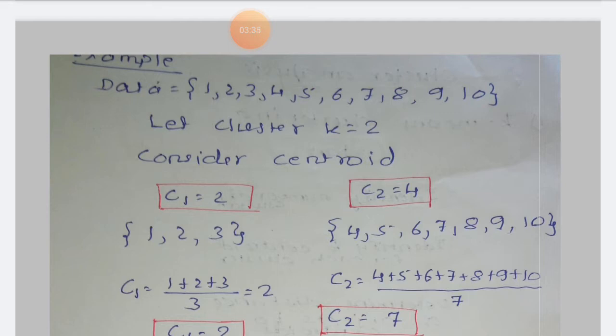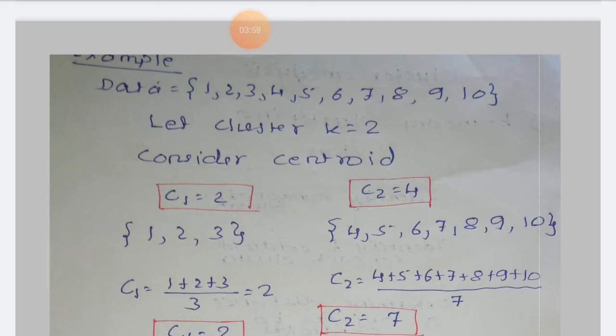Now let us check the next data points. 4 is nearer to 4, which is C2, so it will come to cluster 2. 5 is nearer to 4, that's why again it comes to the second cluster. 6 is near to 4, that's why again it comes to the second cluster, and so on up to 10.